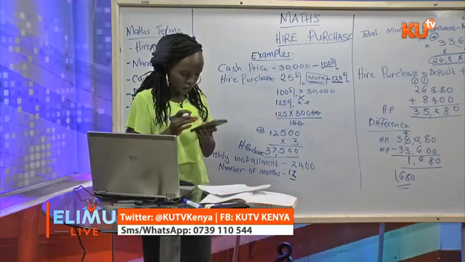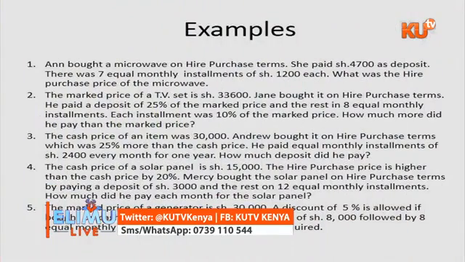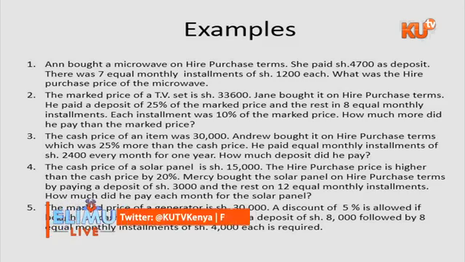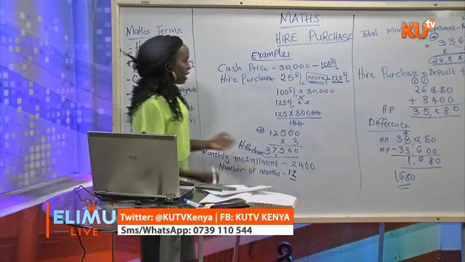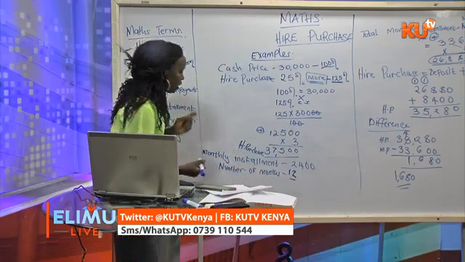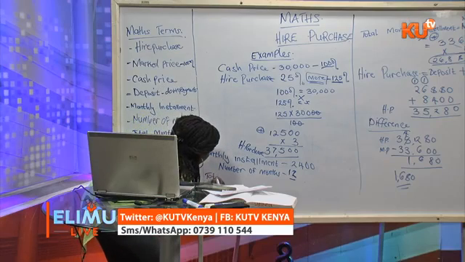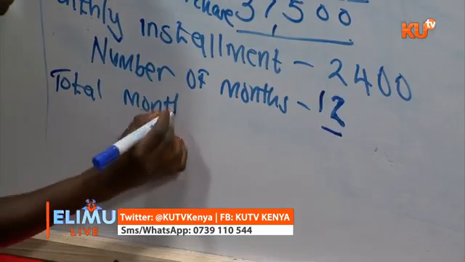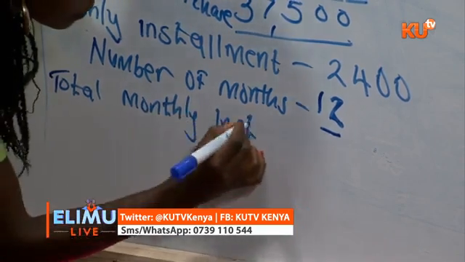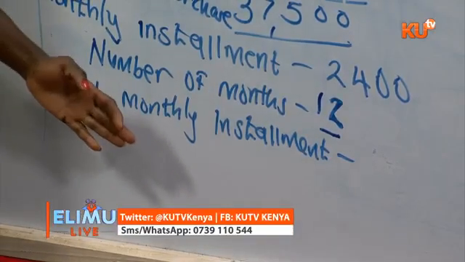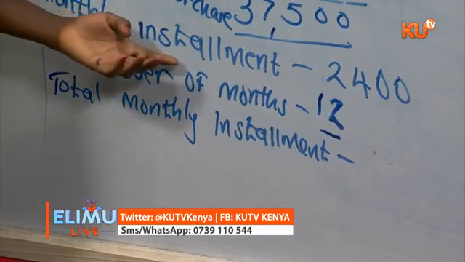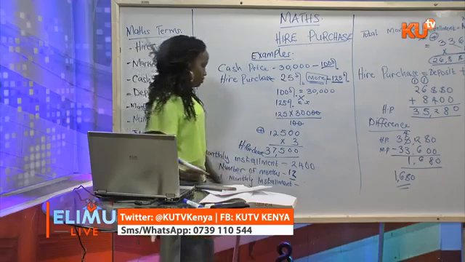Now we continue with our question. The question is how much deposit did he pay? This is easy. We have the monthly installment here. We have the number of months. So our next step is to get the total monthly installment. For us to get the total monthly installment, we take the monthly installment and multiply by the number of months.